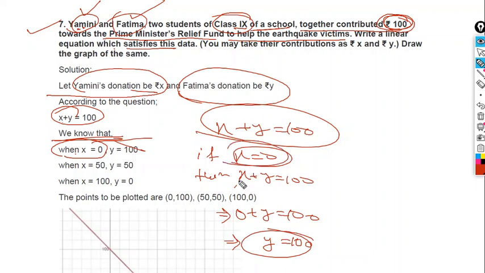So when x = 0, y = 100, we got one point, (0, 100).